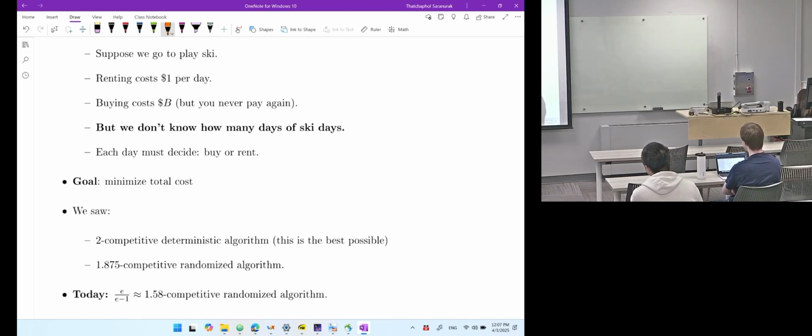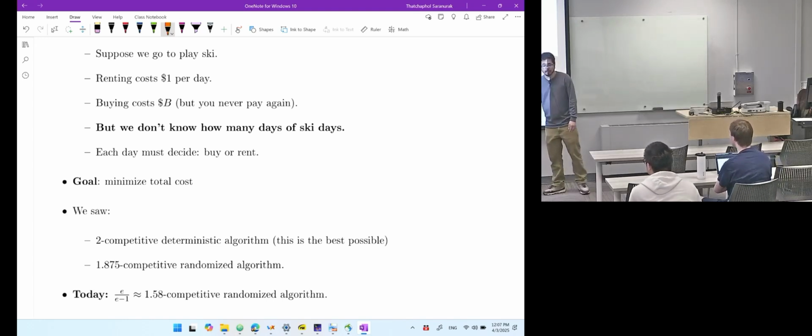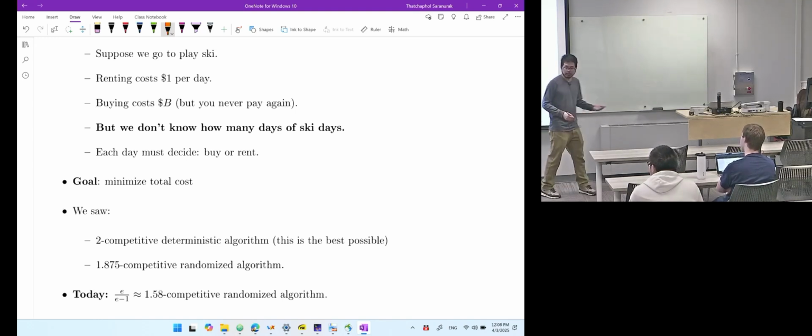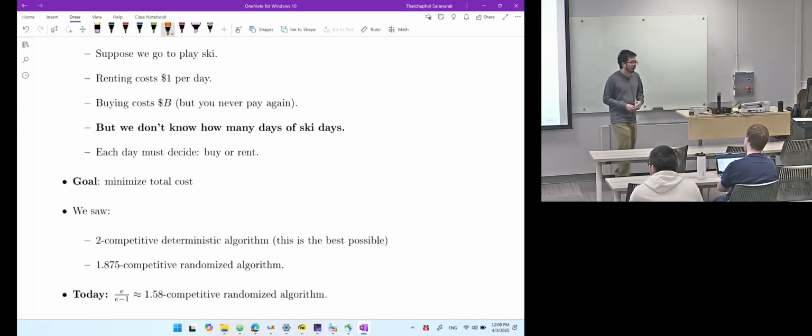And then we have seen that, okay, if the adversary is oblivious, you can go beyond 2. You can get below 2 using some simple randomized algorithm. And we're going to see how to get better today. This turns out to be the optimal algorithm. I will not prove why it's optimal, but it's the best, actually. We're just going to see the upper bound.